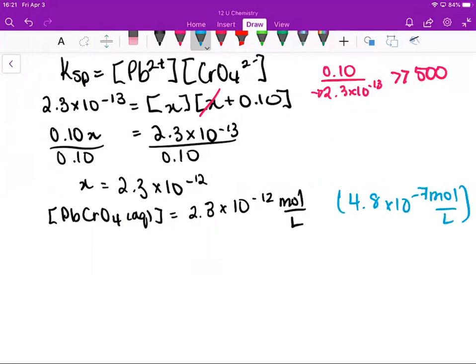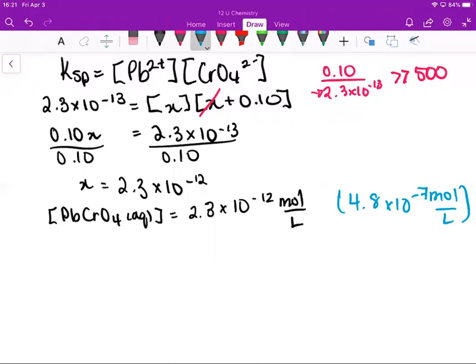That's what its concentration should be in pure water. So just by having the addition of 0.1 molar of sodium chromate, it reduces the solubility of lead II chromate from 4.8 times 10 to the minus 7 moles per liter to 2.3 times 10 to the minus 12 moles per liter. What does that mean?